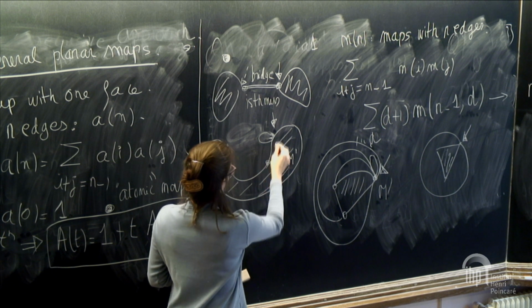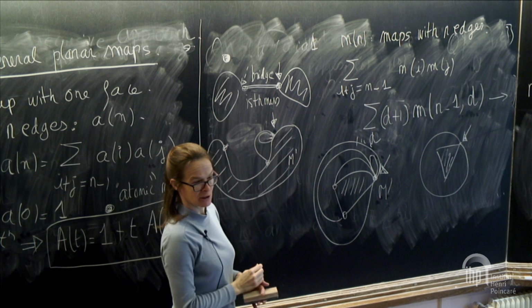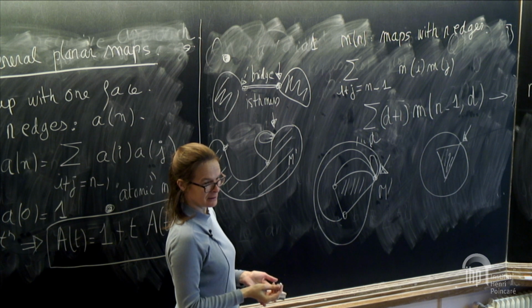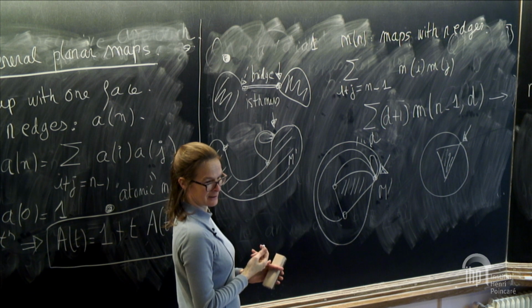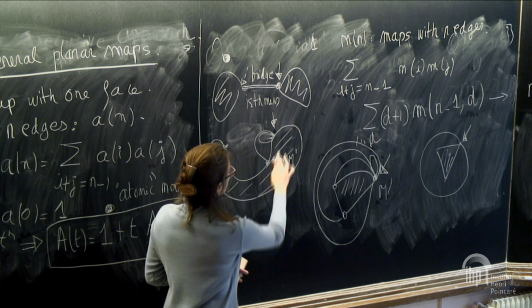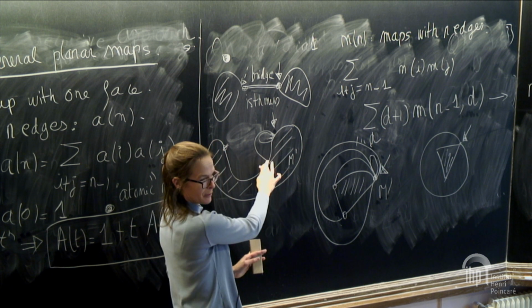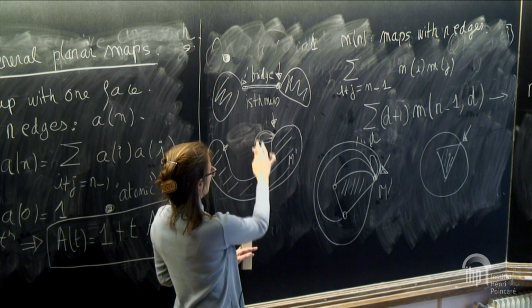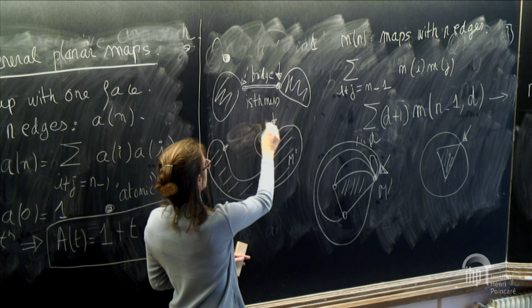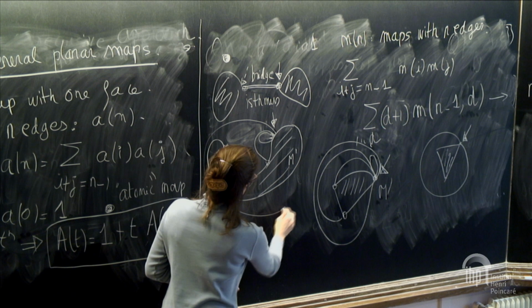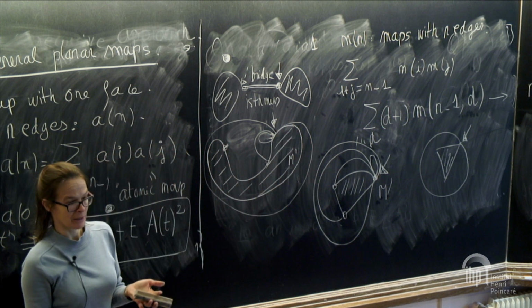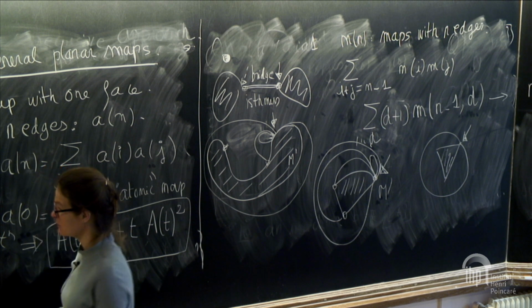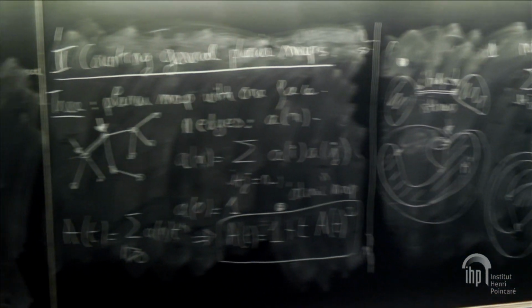If I add this edge from the next vertex, what's the new outer face? It depends on how many edges are between. That was the first corner, more precisely here. So that's D, and it goes on and on until the case where I add a big loop around my M prime, and then it's just 1. So that's what we are about to write.